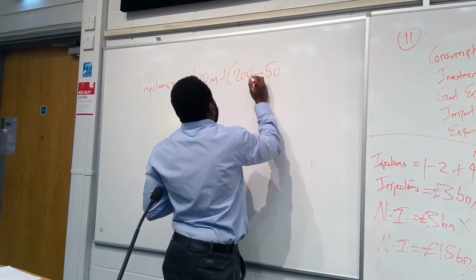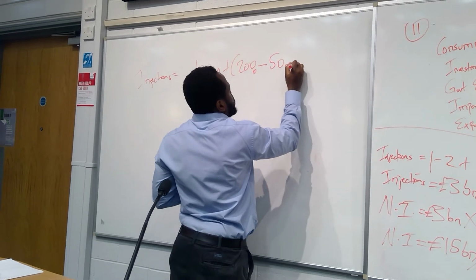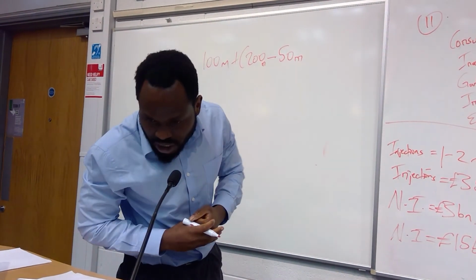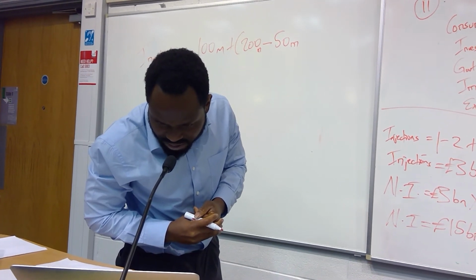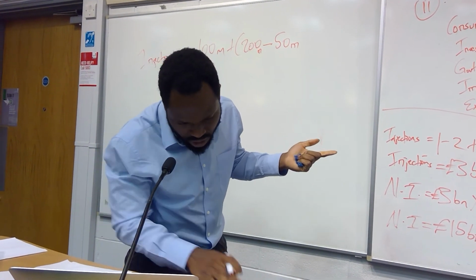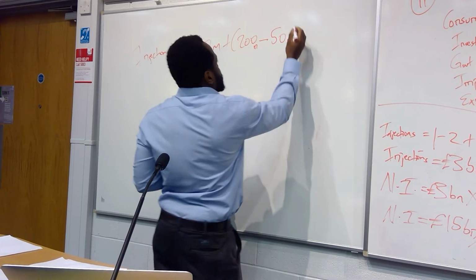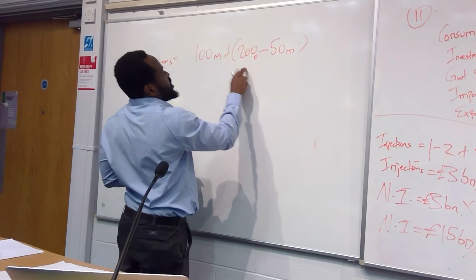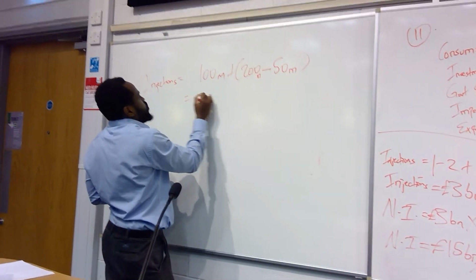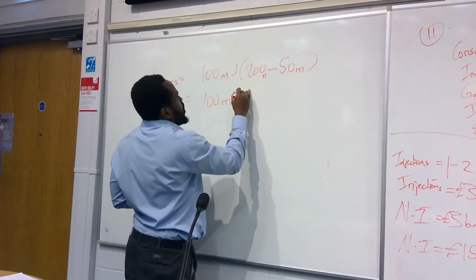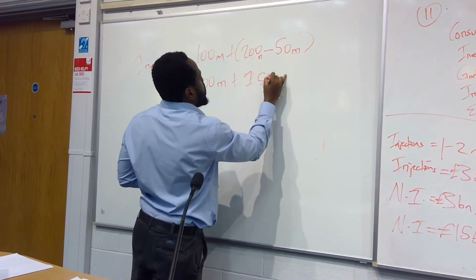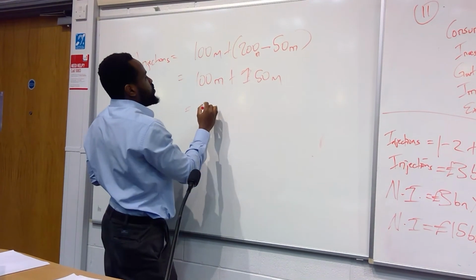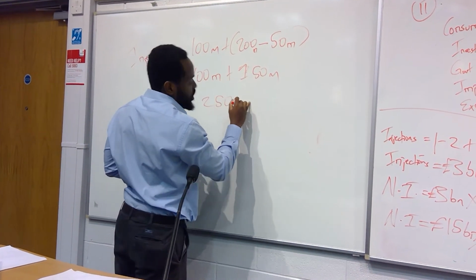It's all in millions. So what does that give us? Injections would rise by 100 million plus 150 million, so injections would rise by 250 million.